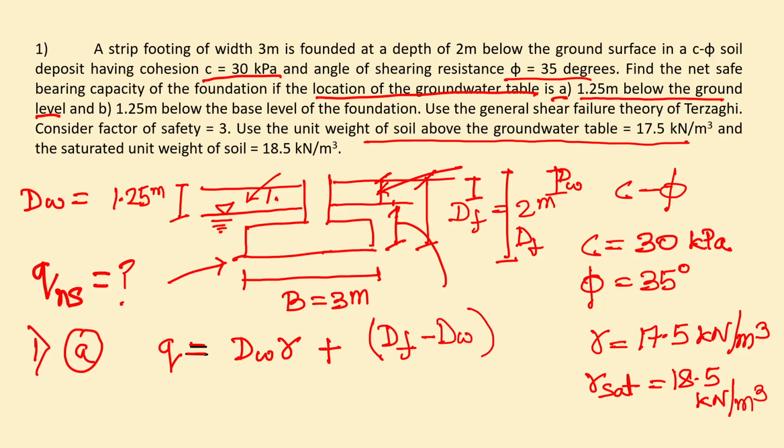And what is the unit weight? Unit weight is the submerged unit weight. So what is the submerged unit weight of soil? Submerged unit weight means gamma sat minus gamma w.